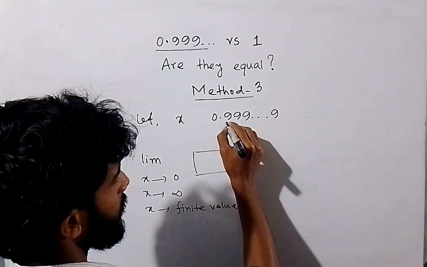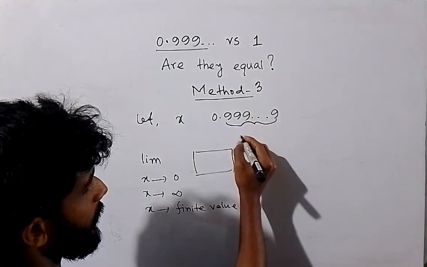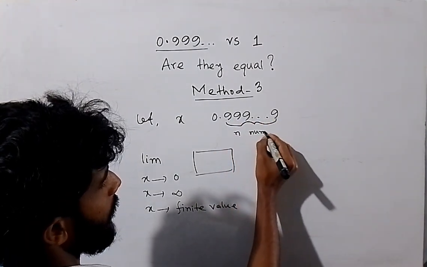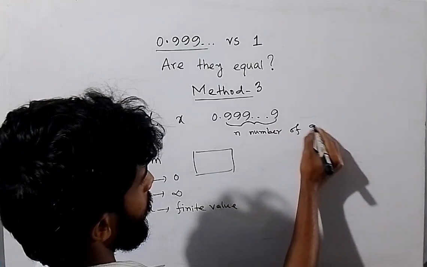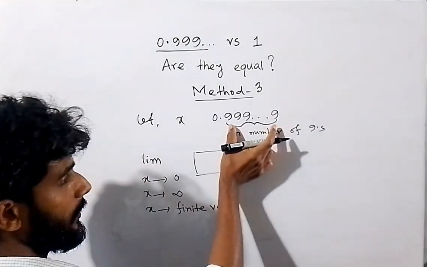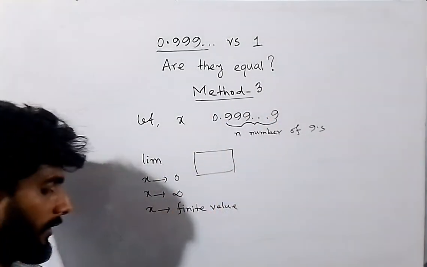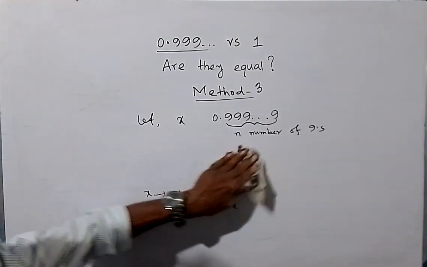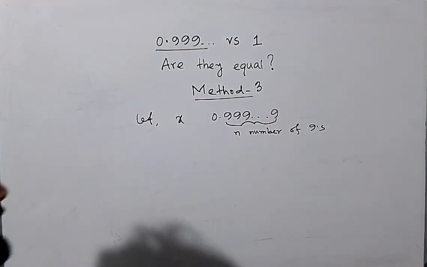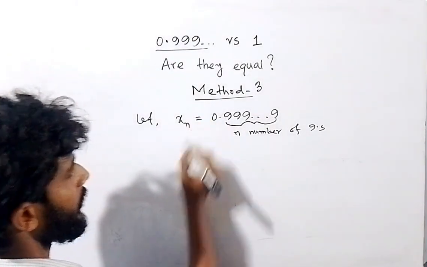So I just thought, in this number there are n number of nines. This number contains n nines. So that's why I can take this number as xn.